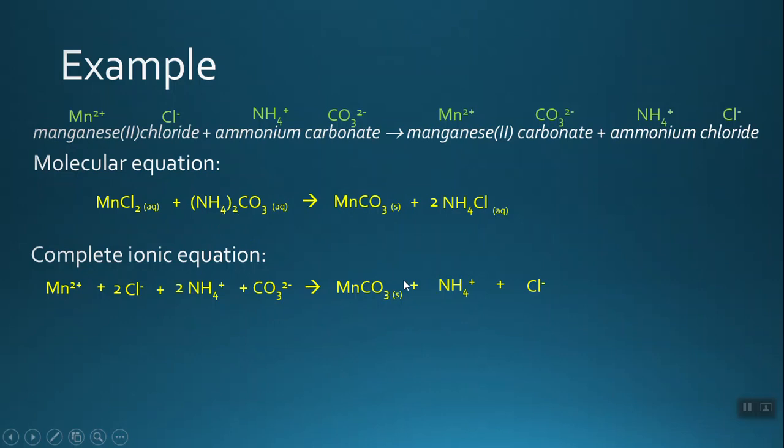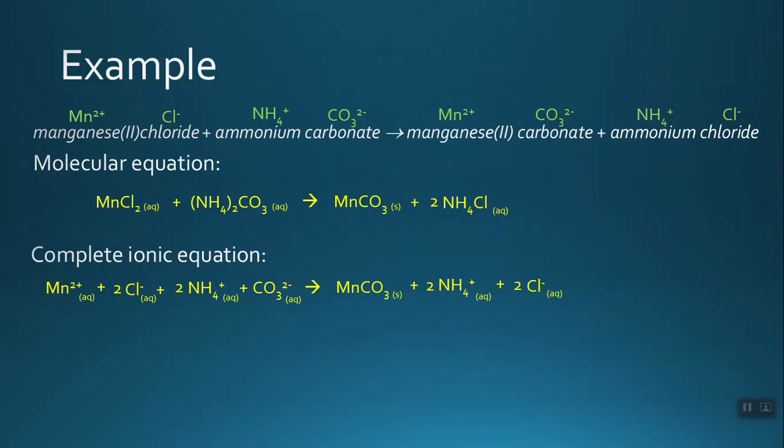Skip MnCO3, and we come to ammonium chloride. That coefficient distributes to each ion, so there are 2 ammoniums and also 2 chlorides. Before we move on, I want to write the state symbols next to each ion. All of these are aqueous, so I'm going to do that here in my complete ionic equation.